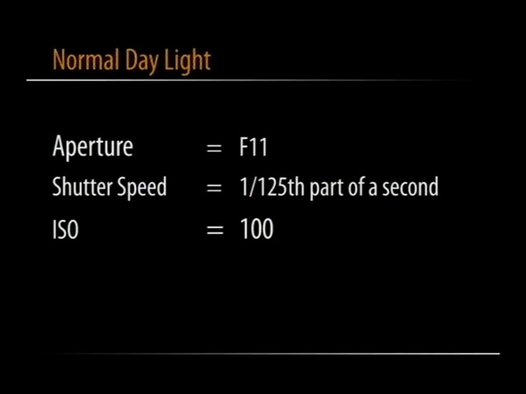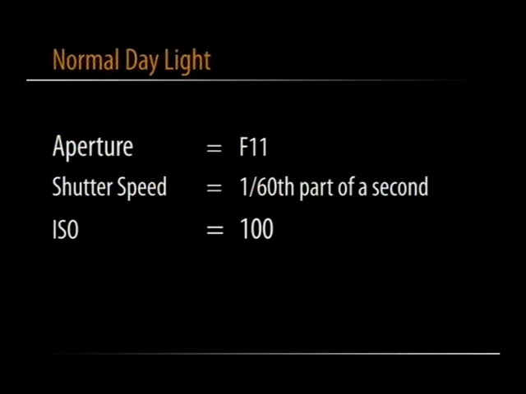For example, you can expose a normal daylight scene with an aperture of f11 and a shutter speed of 1 by 125th part of a second with a film of 100 ISO. Now, the same exposure can be made with a different combination of aperture and shutter.